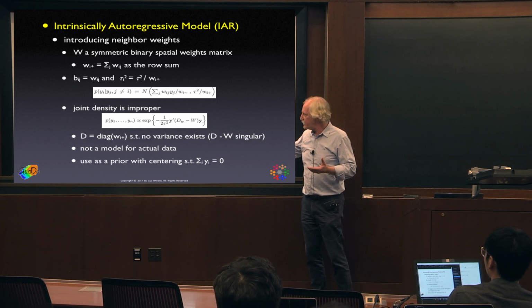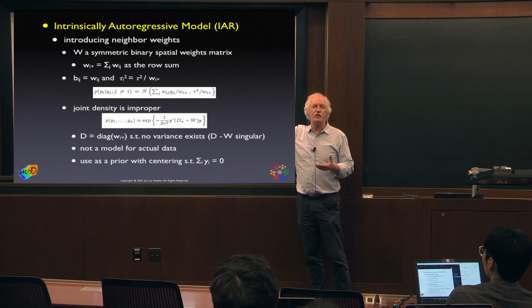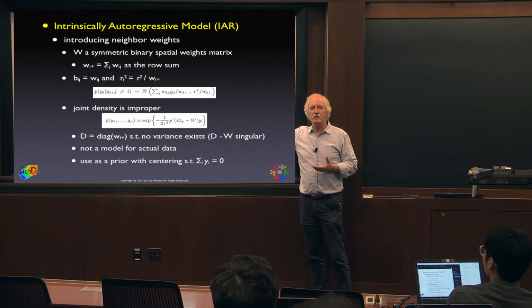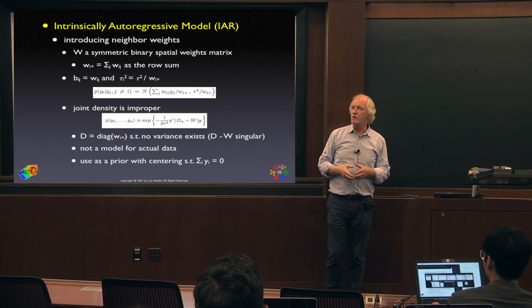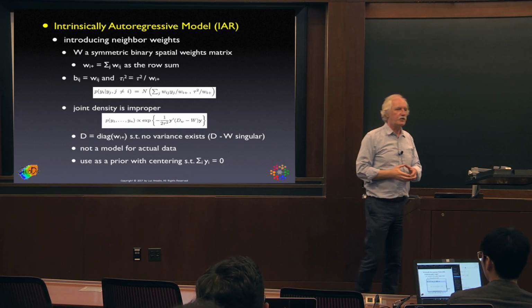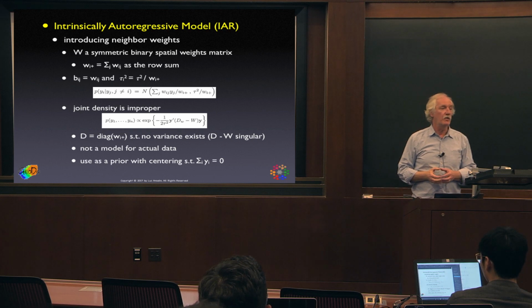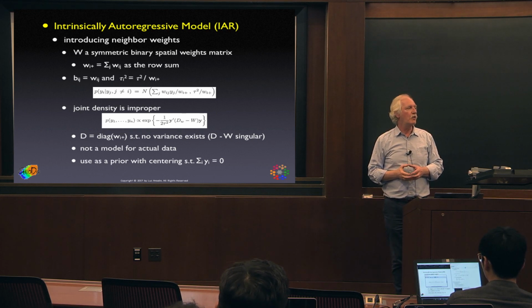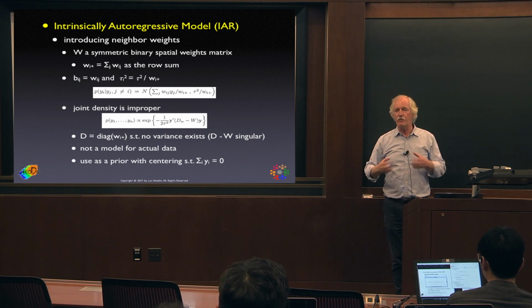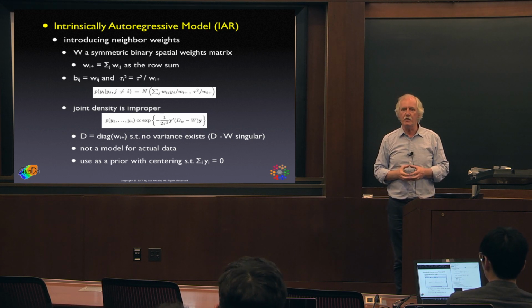But this, of course, as an algebraic expression, does exist. So you can use this in a sampling scheme. And this is used as a prior distribution for parameters that show spatial autoregressive behavior, spatial clustering, right?